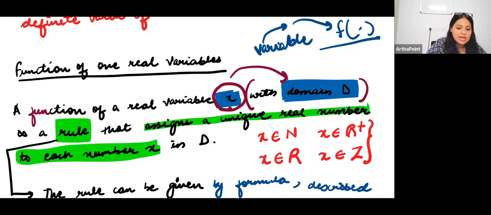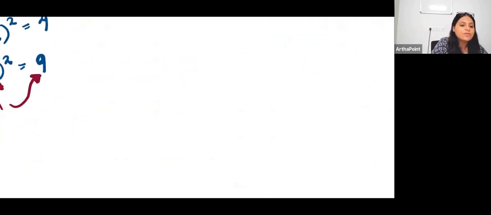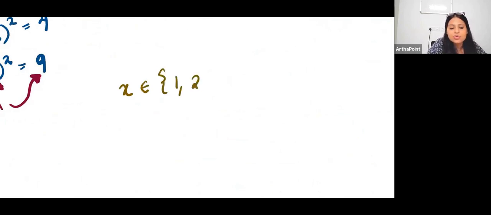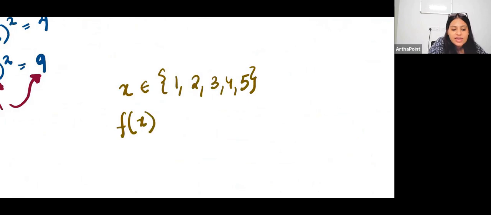For example, please understand. If I tell you that x is defined such that it can take 5 values, 1, 2, 3, 4, 5, and now I say that the function of x is nothing but the square of x, then what is this rule going to do? What is the function going to do basically? It is going to pick up an x.